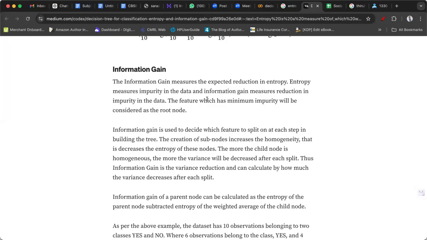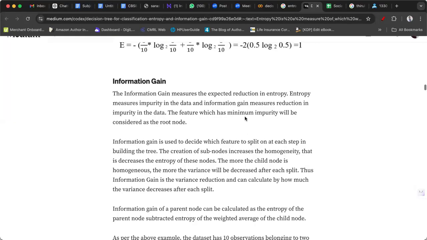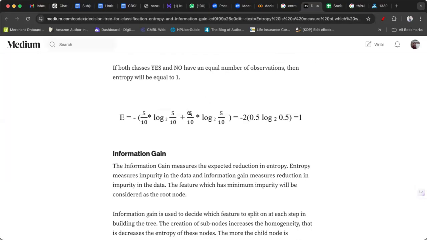So entropy measures impurity in the data, and information gain measures the reduction in that impurity. We calculated the entropy, and within this entropy, we are trying to reduce the entropy value. That's called information gain.